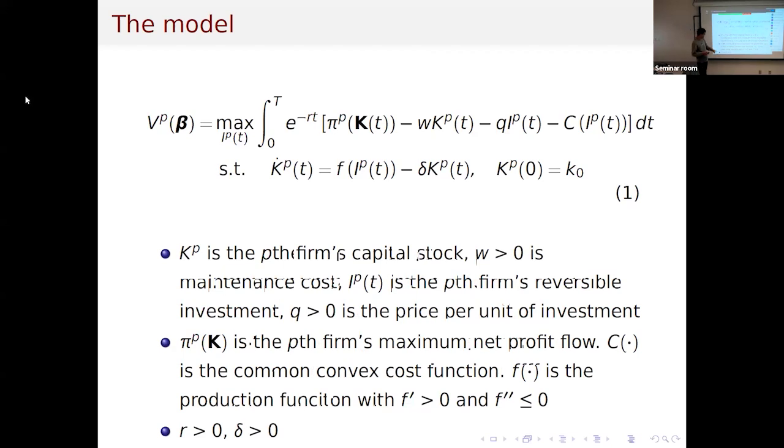First, as usual, we assume that pi is concave in its own capital, and the cost function is a common convex function, which is pretty standard. Also, we assume that the production function of the investment is either constant return to scale or decreasing return to scale. So these are our basic assumptions right here.